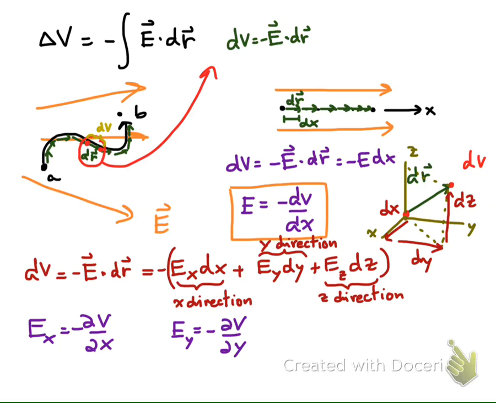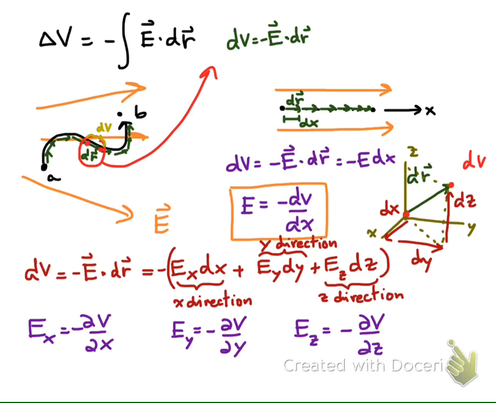That is the meaning of this mathematical expression. And we can write Ez is equal to minus the partial derivative of V with respect to z. This has the same meaning: the change of the electric potential when we move from this point to this point, and along this path, x and y are constant.